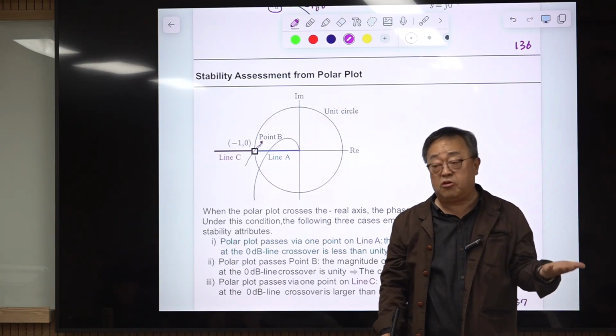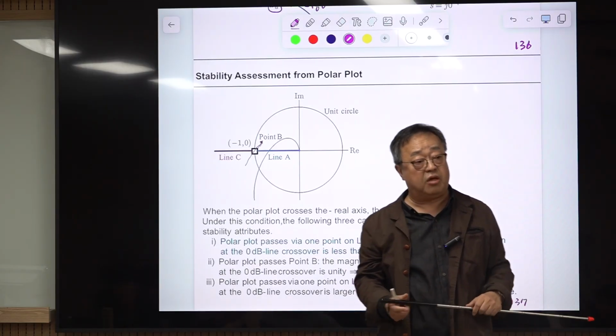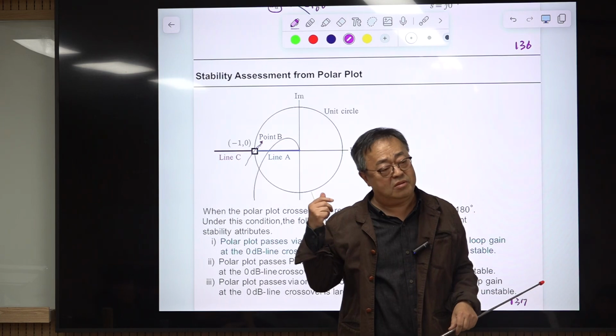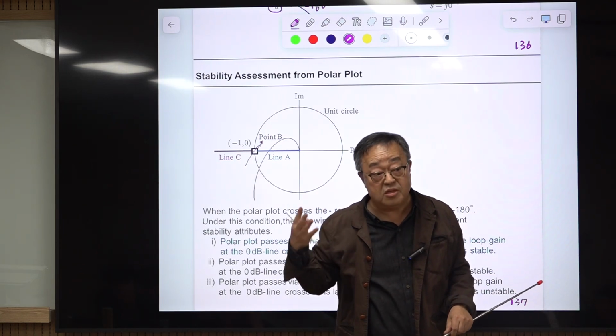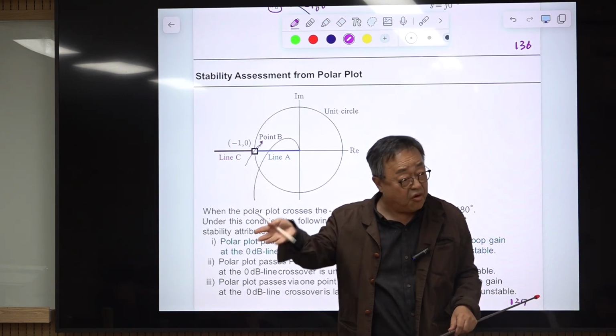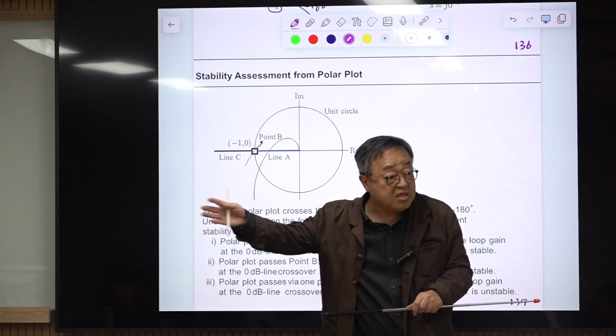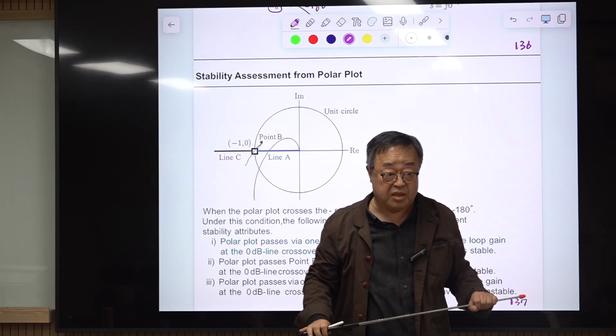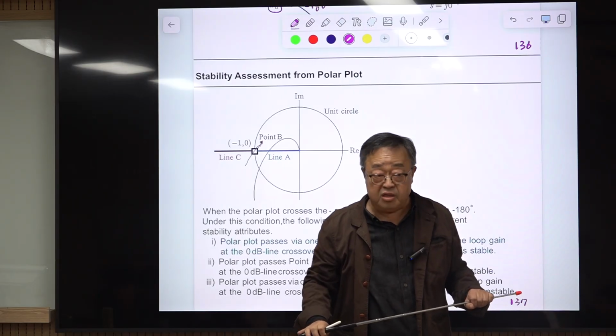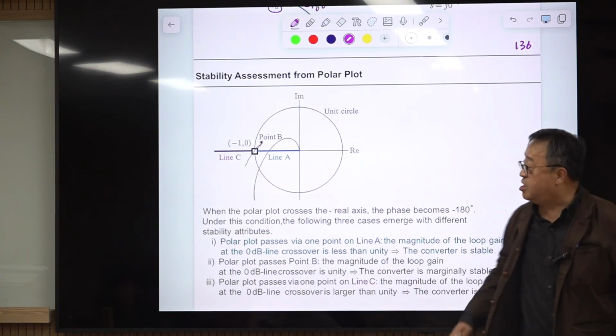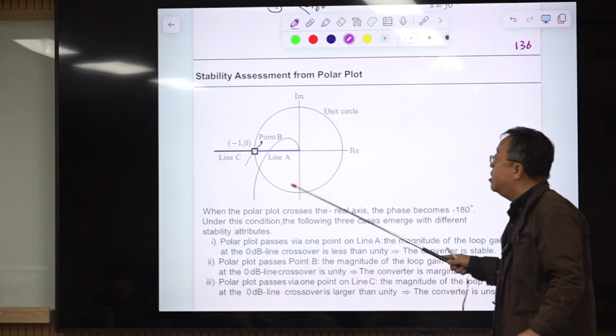Okay, that is the simplest case of Nyquist analysis, but that is sufficient for most applications. You can come up with something strange, but that won't happen in practice in this converter. In this converter, mostly this type occurs.